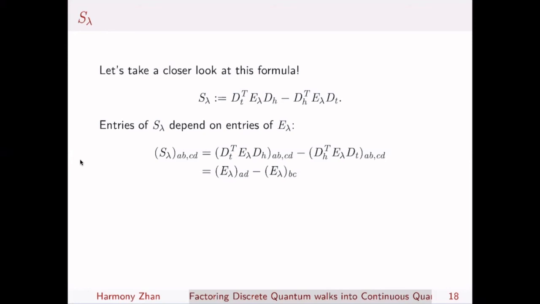To be more specific, if I zoom into the ABCD entry, here I'm looking at the entry of E lambda indexed by the tail of my first arc and the head of my second arc. And the second term here is just E lambda indexed by the head of the first arc and the tail of the second arc. So every entry in S lambda is really just the difference between 2 entries in E lambda.